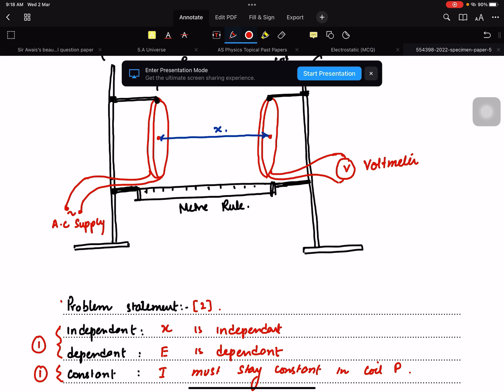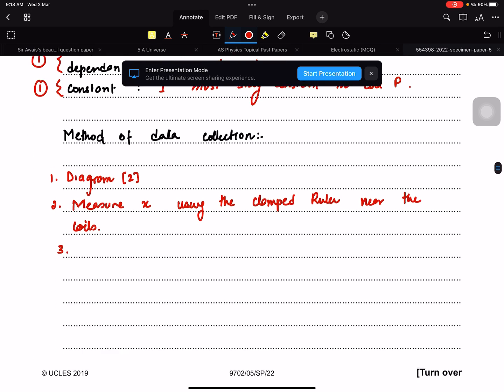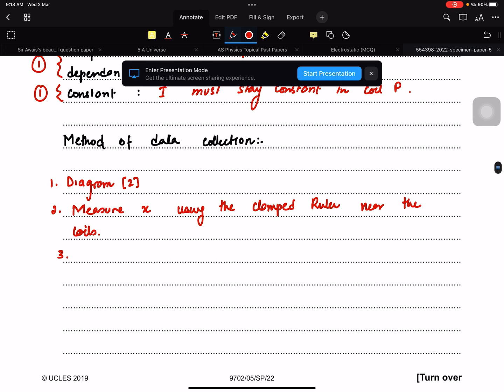So if I were you, I would write that basically you can take the width of each coil and divide by 2 to get the center, right?